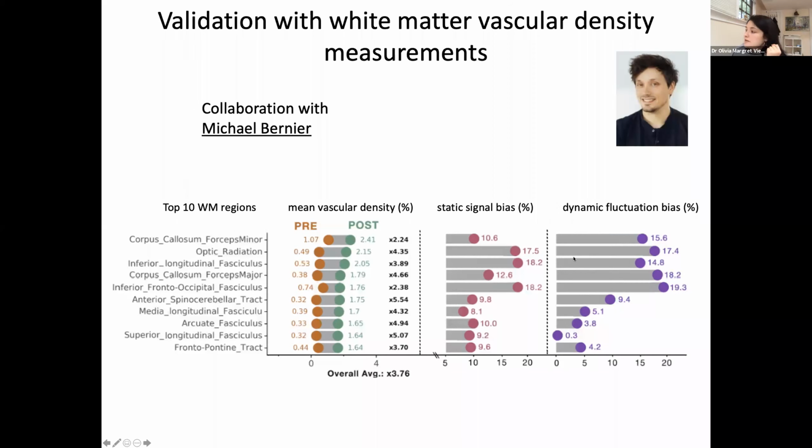Similarly, the purple dots to the very right here show the dynamic fluctuation bias from orientation. And also here we match up pretty well in terms of the more vascularized a fiber bundle, the more it displays this dynamic BOLD related orientation effect that would not be explainable by myelin structures. I would also like to point out here that we are really comparing different data sets.